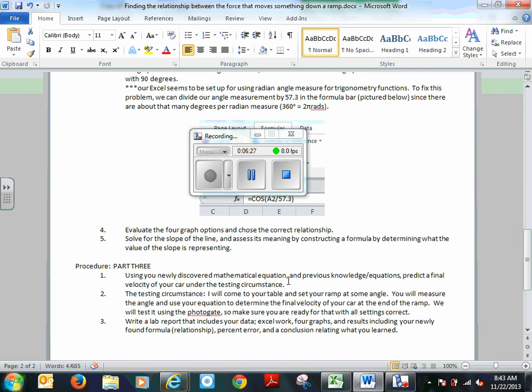So you'll have the force down the ramp, you'll figure out the mass of the car, and then you'll have to use your acceleration and some other kinematic equations to determine what the final velocity is. That's kind of your final test. And then there'll be a little lab write-up to go with that.